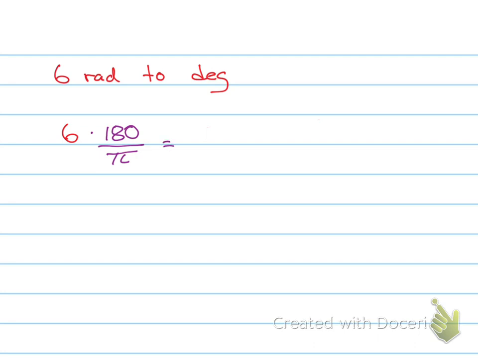First of all, 6 times 180, use a calculator, is 1080 divided by pi. You get 343.774677. So I'm going to use all the decimals here because this decimal part I have to convert now into minutes.